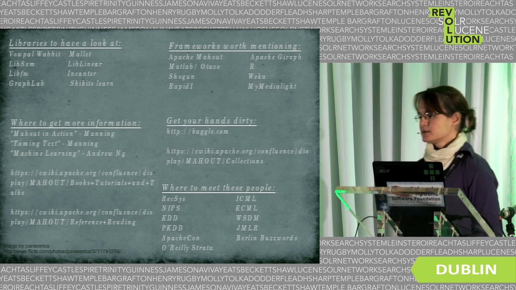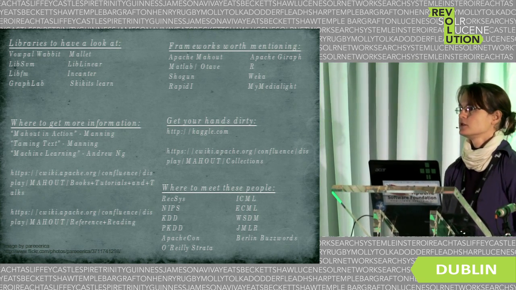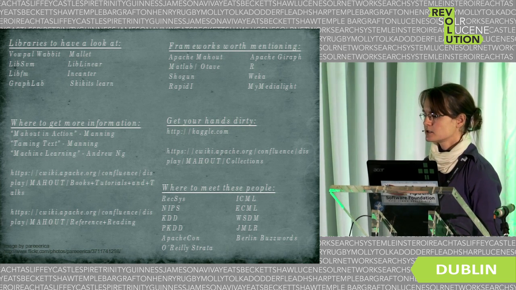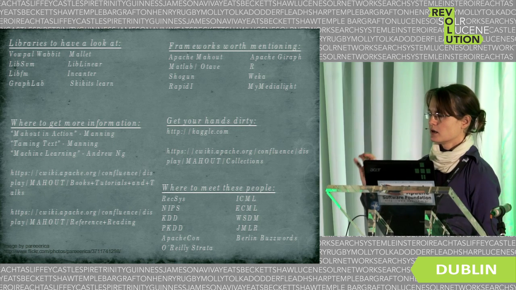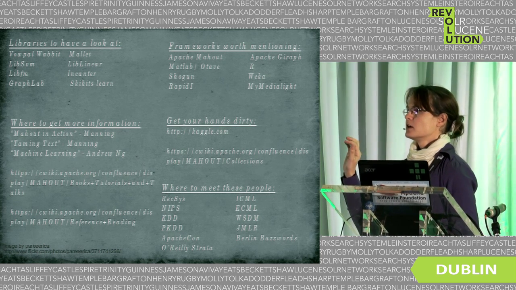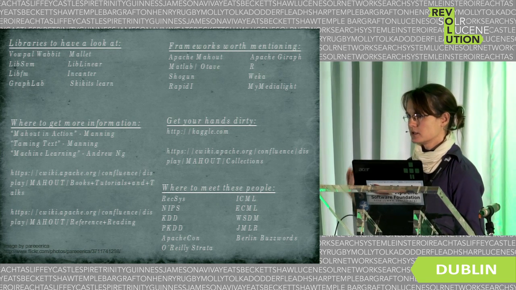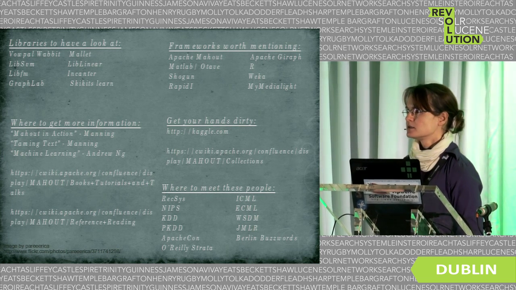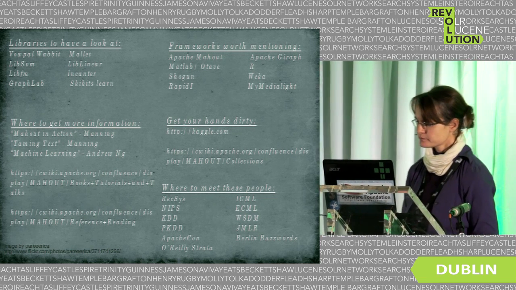If you want to get your hands dirty now, but you don't have the data, there's even a solution for that. There's a site like Kaggle.com. And also on the Mahout wiki, we do have a list of data collections that you can base your algorithms or your implementations on. So if you want to start hacking now, I would advise you to head over there.